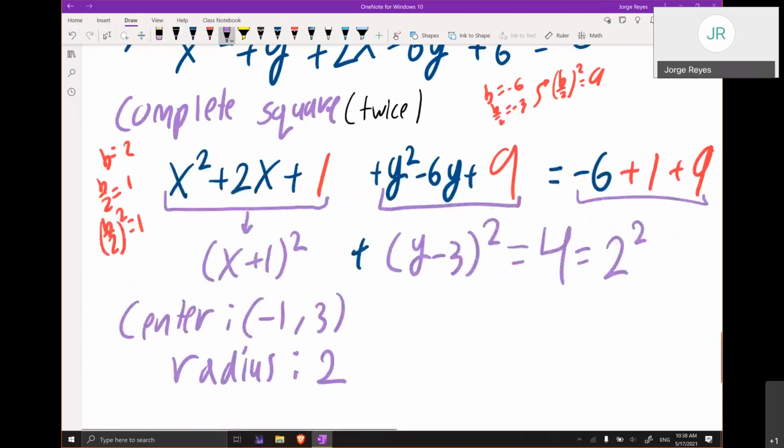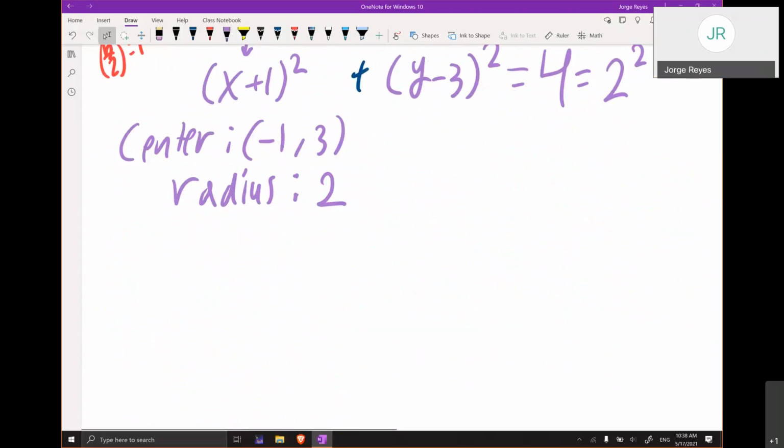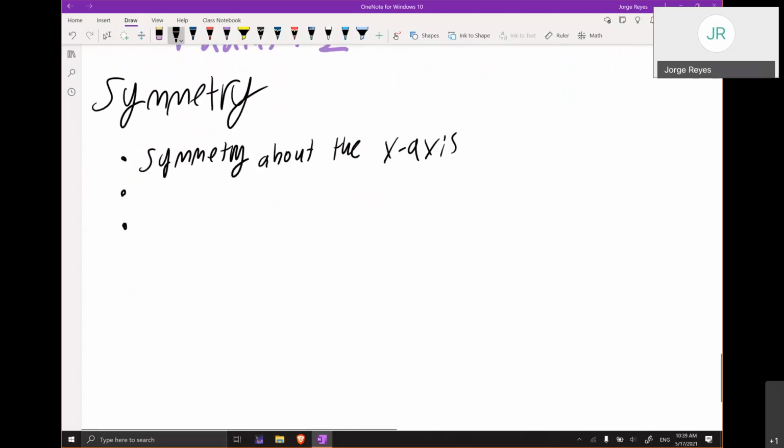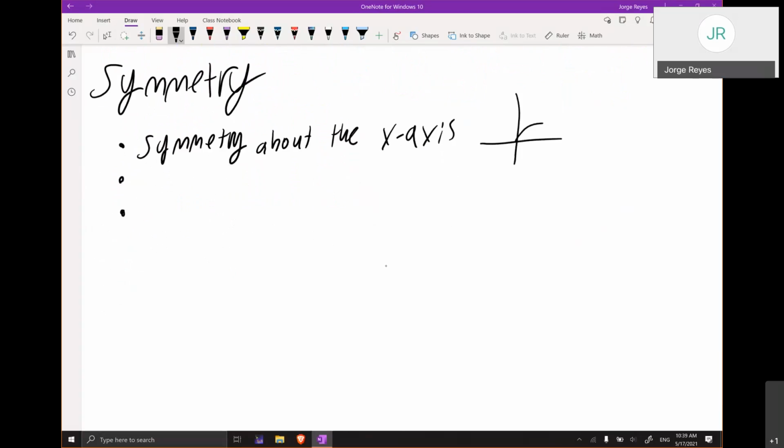Just to finish off though, your textbook does like to talk about symmetry, which we will talk about much later on. But we have 3 different kinds. First, we have symmetry about the x-axis, and that'll look something like this.